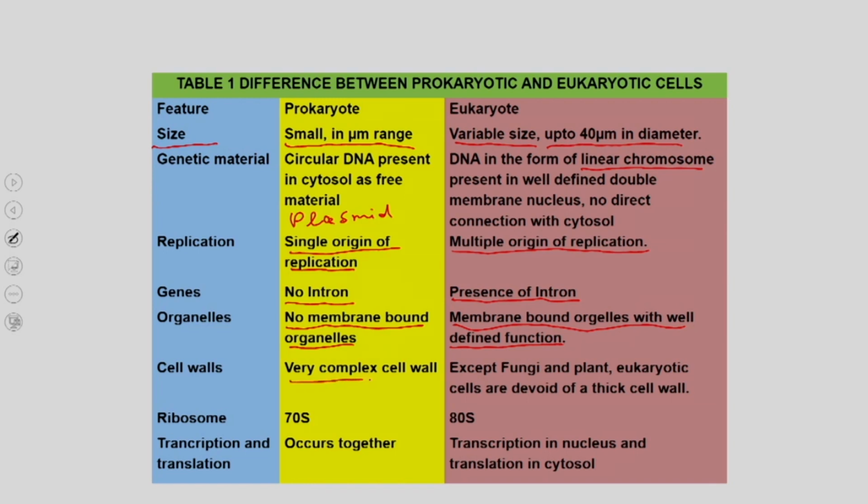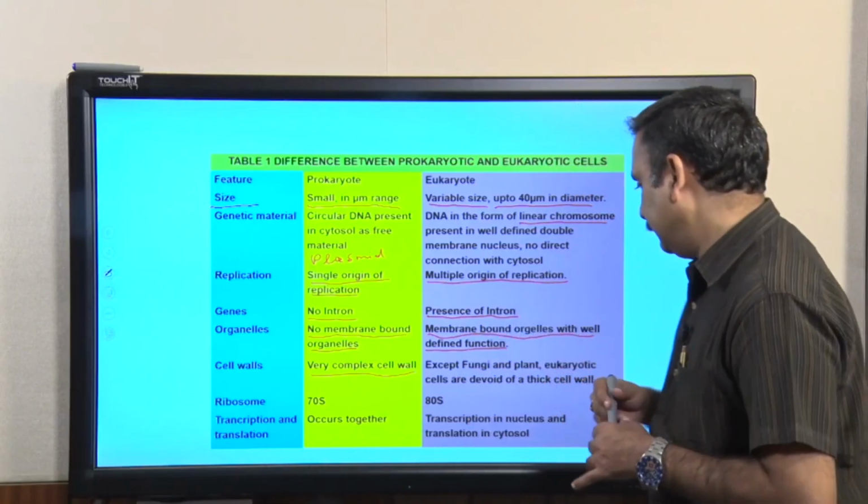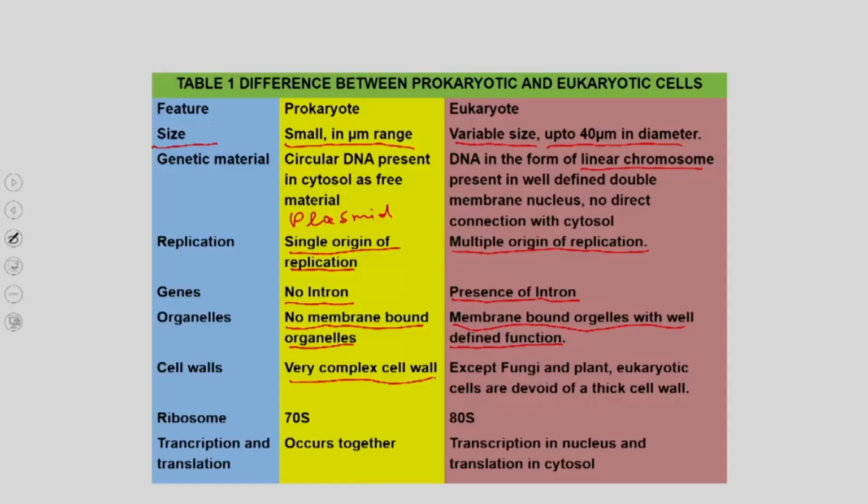Then the cell wall is a very complex cell wall in the prokaryotic system, whereas in the eukaryotic system, except for plants and fungi, the cell wall is not present. The ribosome, which is the protein production machinery, is 70S in prokaryotes and 80S in eukaryotes.